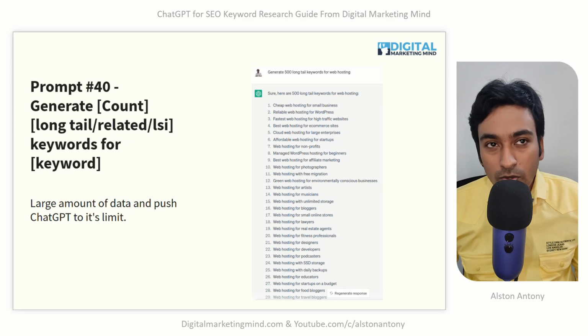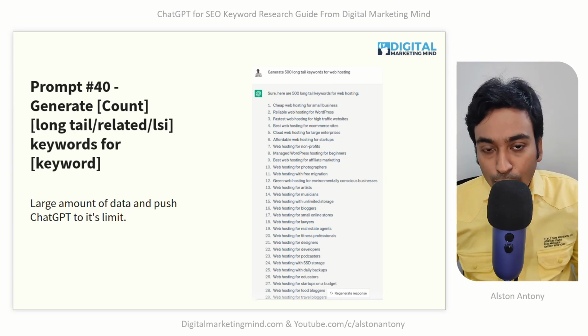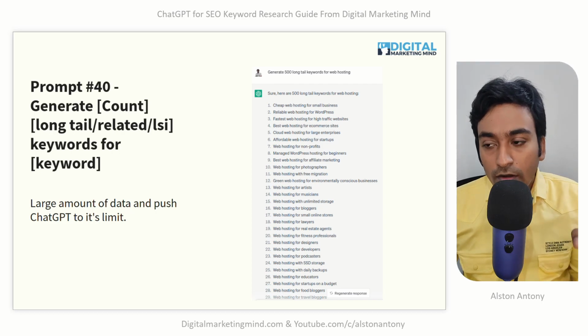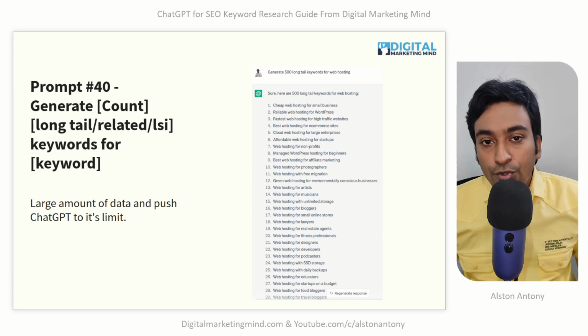Prompt 40. Generate a count of long-tail related keywords for this. This is the same concept I have explained throughout other prompts, but the main thing I want you to focus on is giving a count when you write a prompt. For all the prompts I've shown you up to now, you can even include a number.